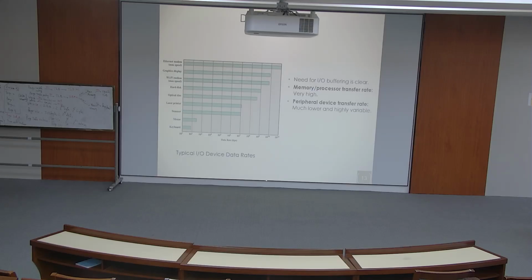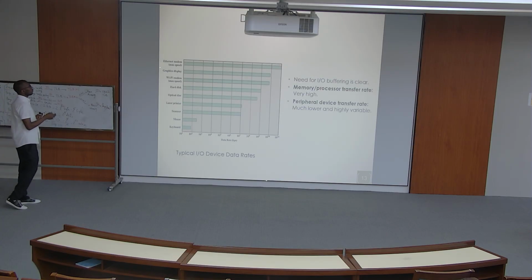The need for data buffering, the need for this function in the input-output module, is very clear from this picture. Because while the transfer rate in and out of the main memory and the processor is quite high, we can see easily that it is not the same for the input-output devices.